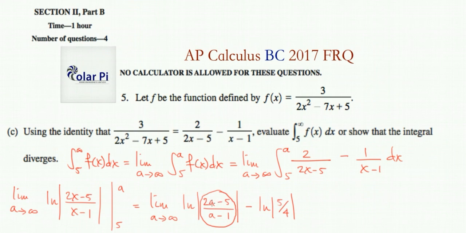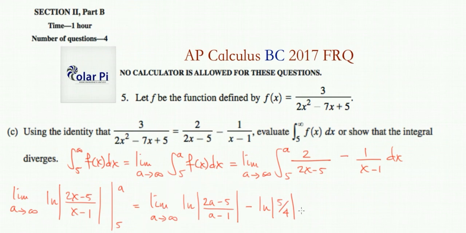So this quotient is going to be dominated by the ratio of 2a to a, which is 2. So basically we're saying the limit of this is 2, and therefore we'll have ln of 2 in this part once we've evaluated the limit.